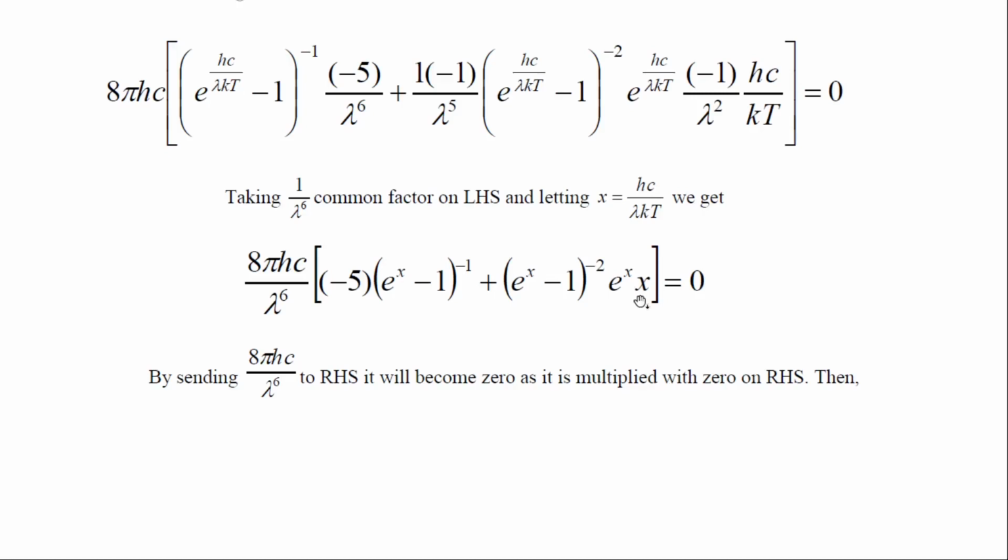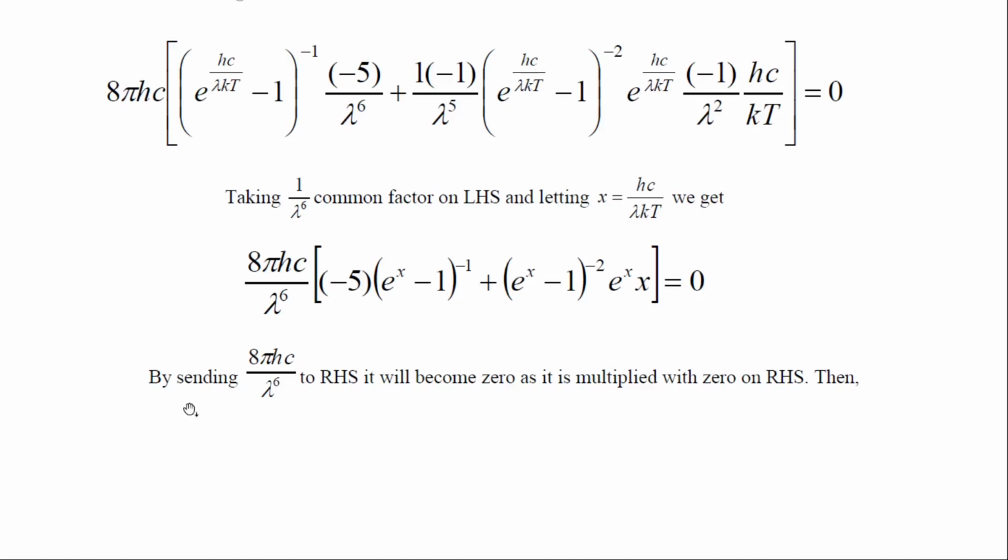That means 8 pi hc by lambda power 6 into minus 5 (e^x minus 1) to the power minus 1, plus minus 1 into minus 1 becomes plus, (e^x minus 1) to the power minus 2 into e^x times x, equal to 0.